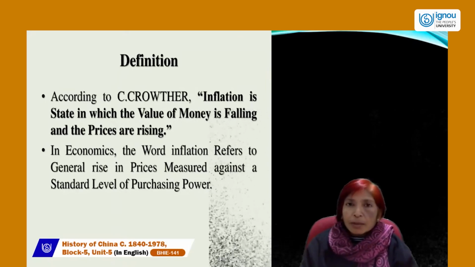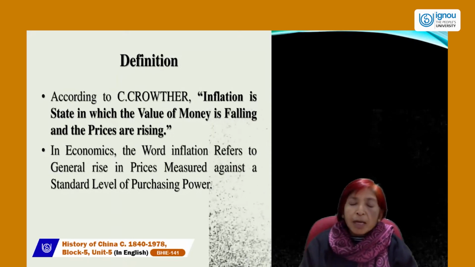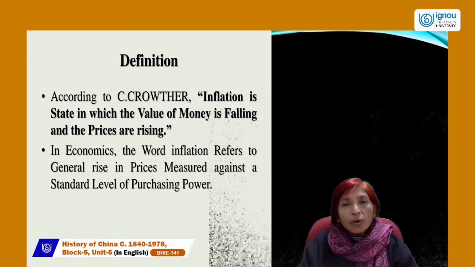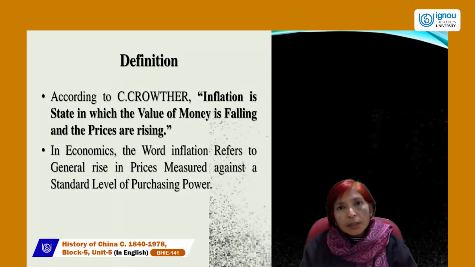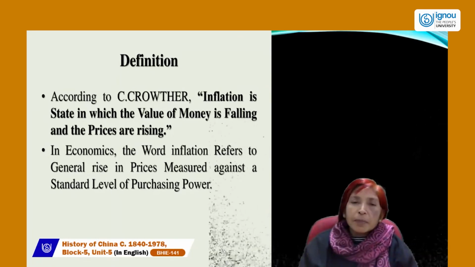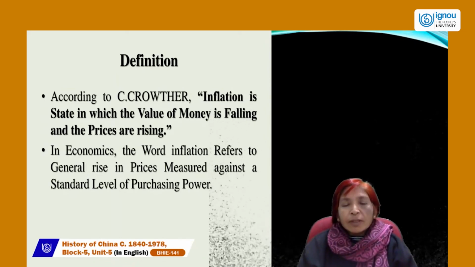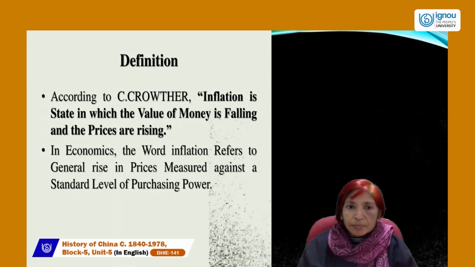According to Crowther, money is a medium of exchange, and money is a store of value. Money can be easily transferred from one place to another, and money is a standard of deferred payment.